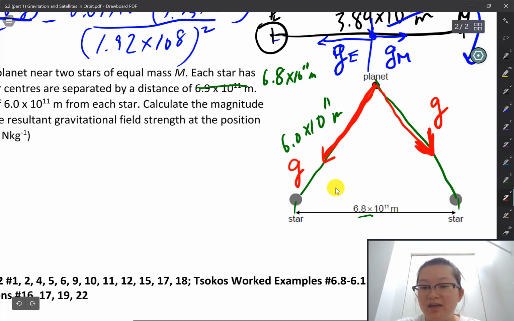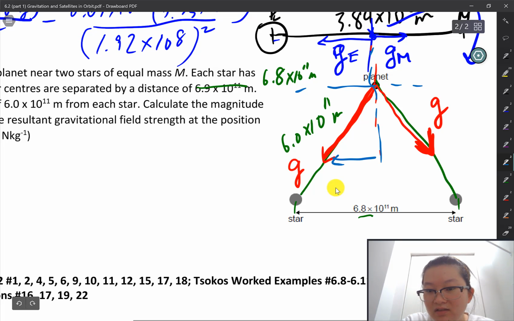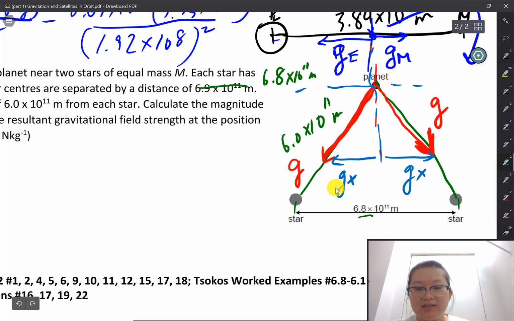Since the planet is smack in between the two, if I label the x and y axes here, my two horizontal components are going to cancel out, because the two stars are equal distance away and the planet is smack in the middle.